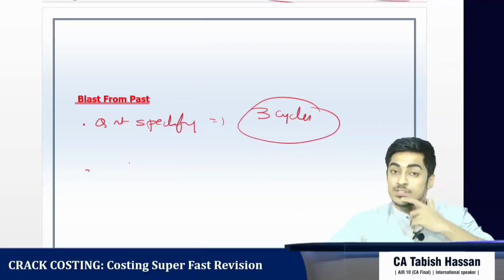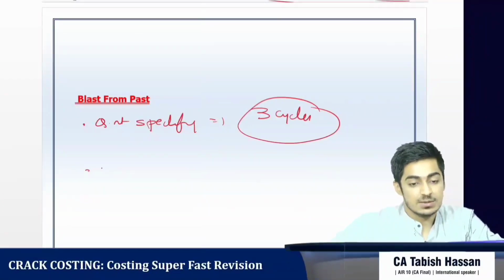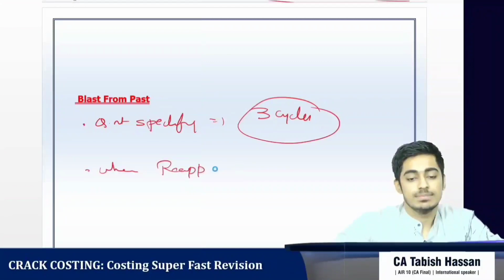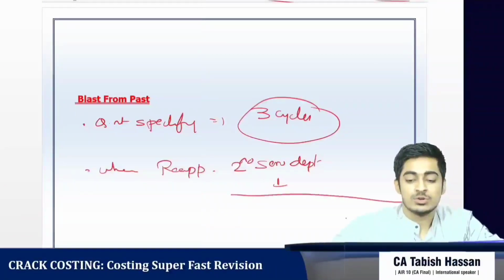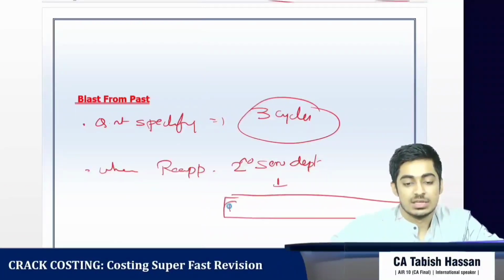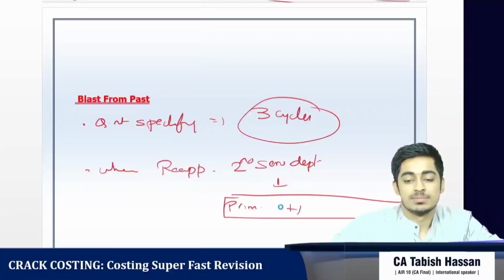Next thing where students generally make mistakes is when we reapportion the overheads of the second service department. What we have to do is take the total overheads as the primary overheads plus distribution from the other department.